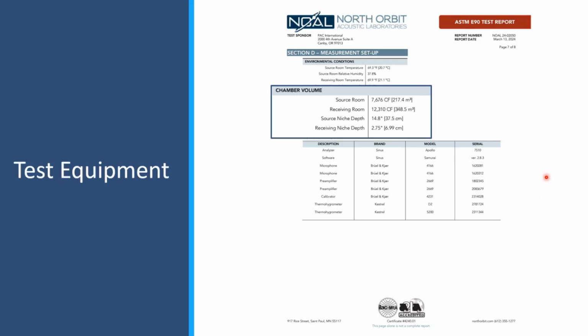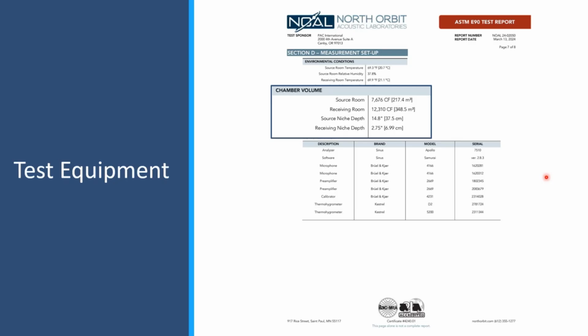This is really for the acousticians on here: if you're looking at a test report and you see a very small chamber volume, think about the modal density of that. If you're looking at data down to 50 hertz and you've got a really small room, think about how much stock you should put in those low frequency measurements, where you've got very, very low modal density in that space.